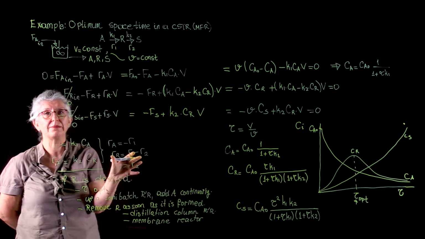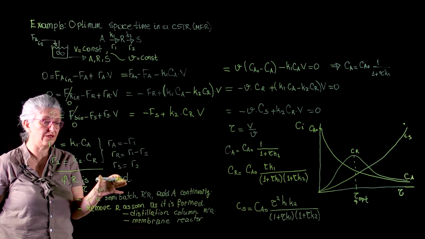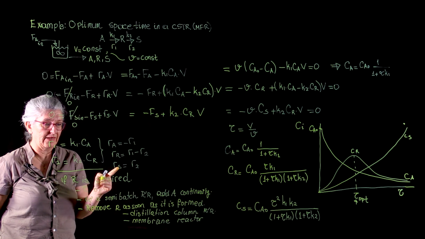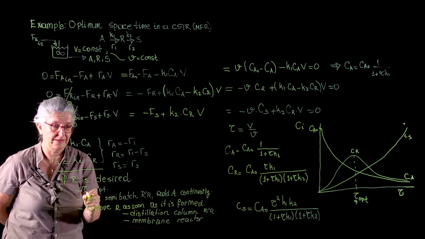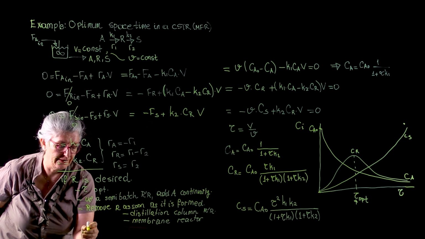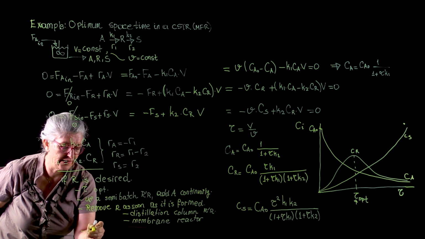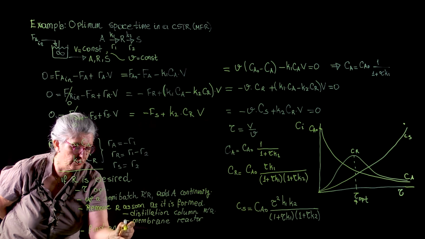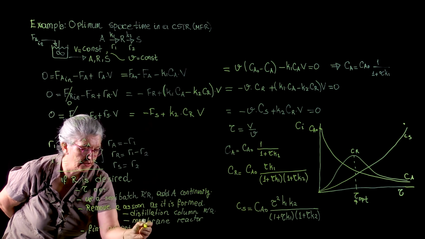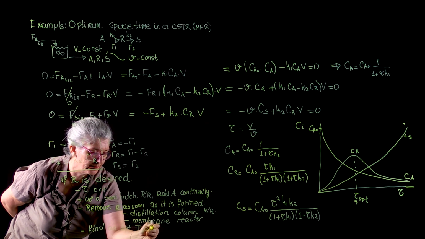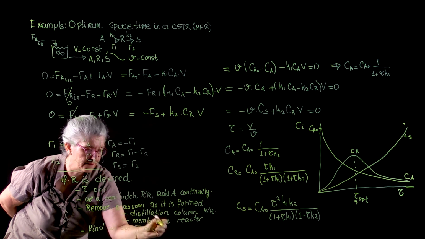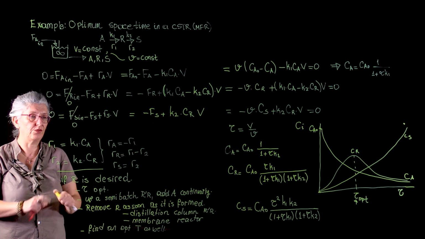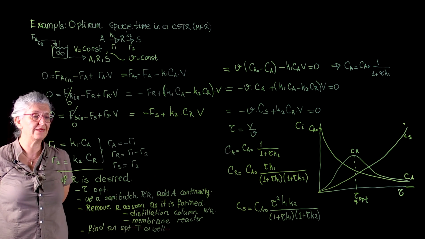Find the separation method. You can remove R. We should also find an optimum temperature as well. Some of the tricks that we can use to maximize R.